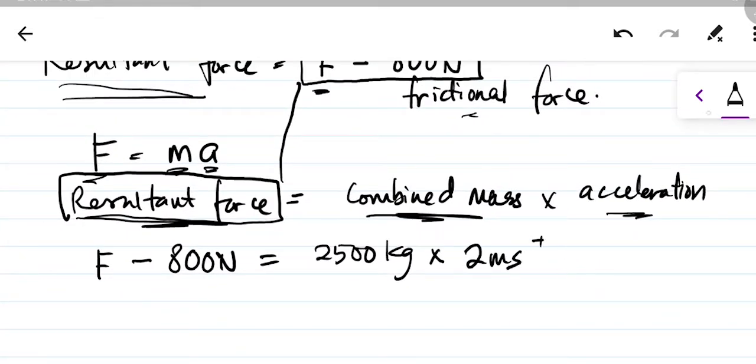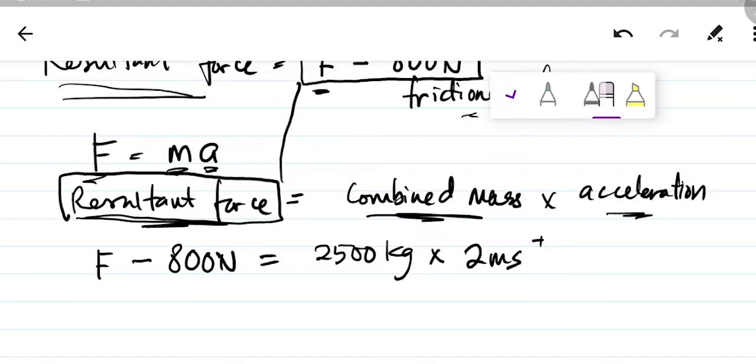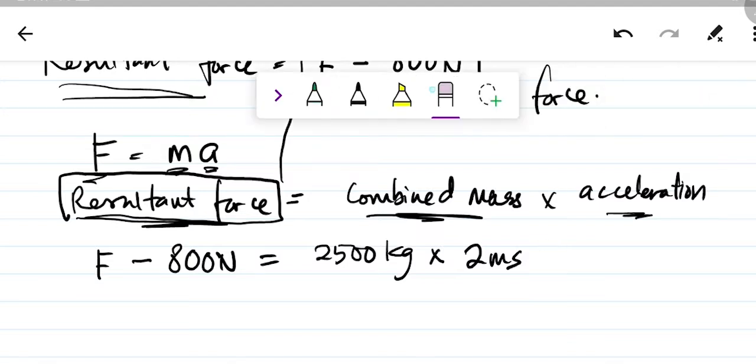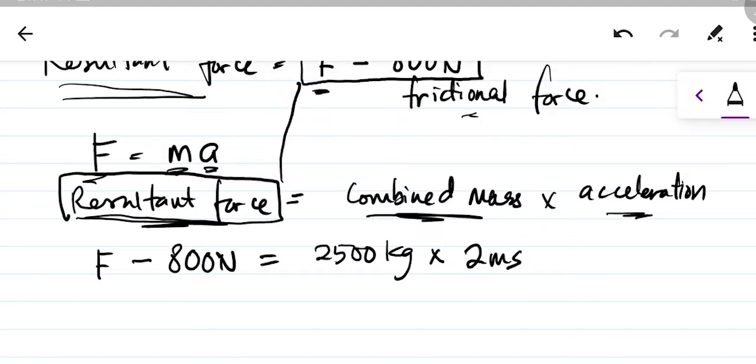When we solve this, we will get the value of the pulling force. 2500 times 2 is 5,000 Newton.